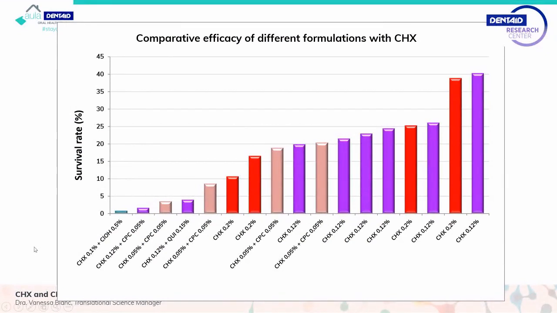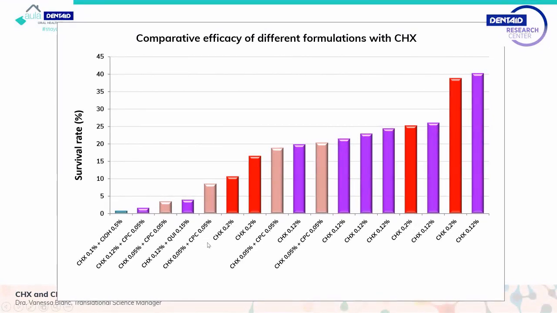Well, if we compare the antimicrobial efficacy of a series of mouth rinses with chlorhexidine, it's clear that different formulations with the same concentration of chlorhexidine work very differently. Here, I've marked with the same colors the bars of formulations of chlorhexidine that share the same chlorhexidine concentration.